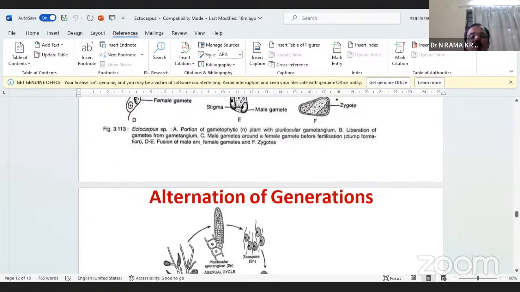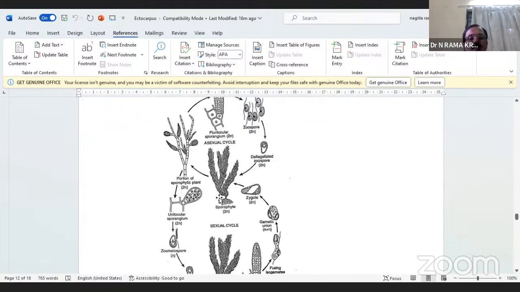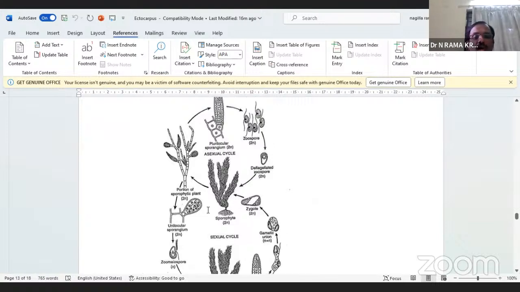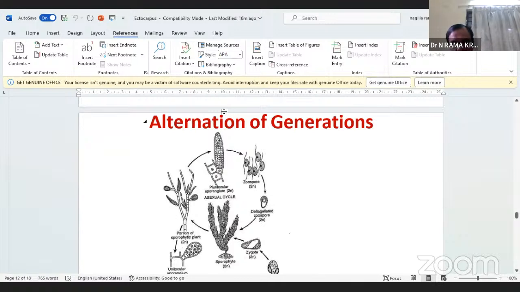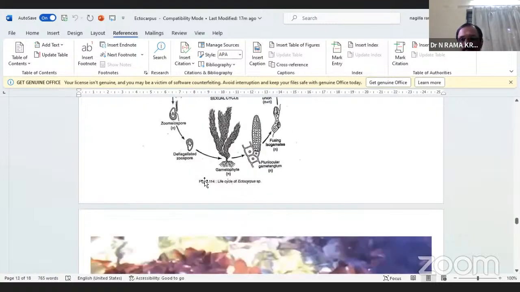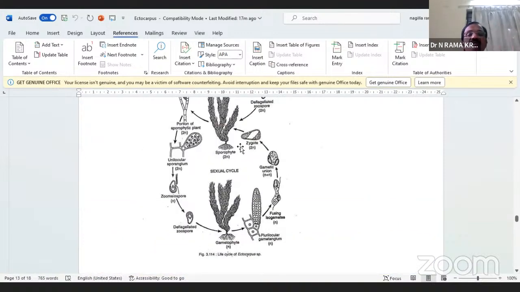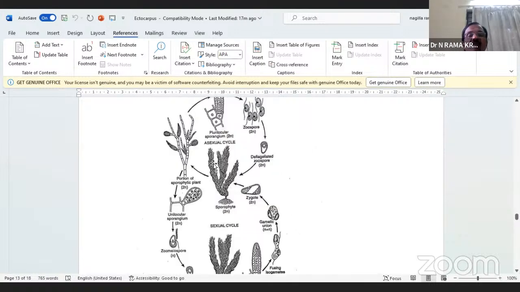Next is the alternation of generations, the life cycle of this one. Here is the asexual reproduction system and here the sexual one.